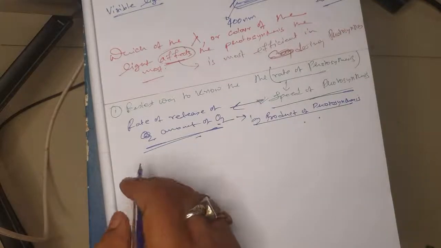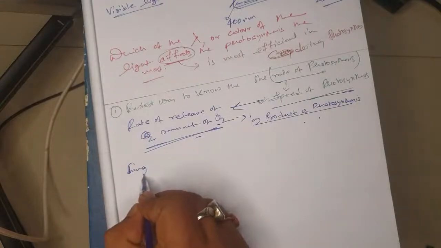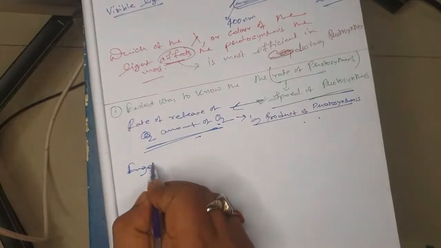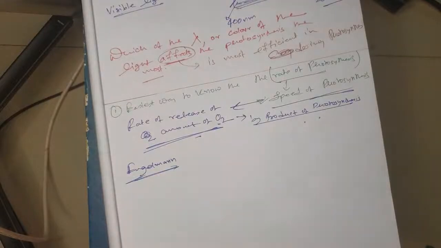Now, at first, an experiment was done by Engelmann. This I told you earlier also, but I should tell here again, so that's why I'm telling. Engelmann did an experiment.